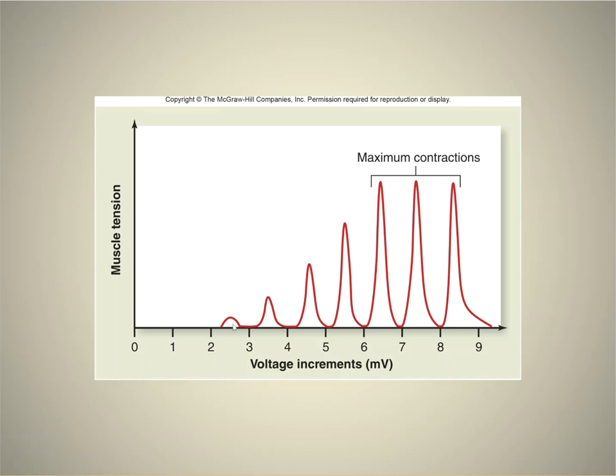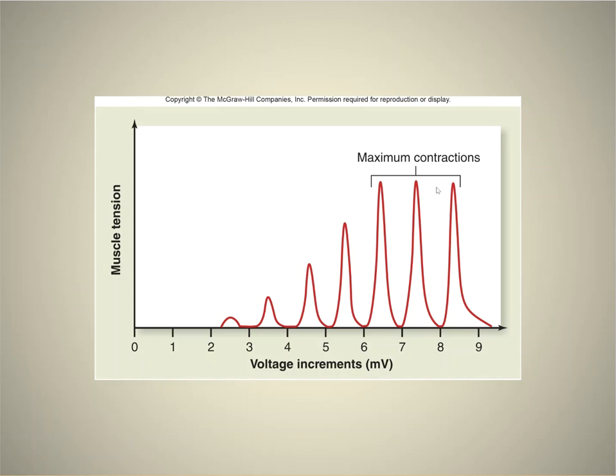Finally, here you've raised threshold enough in some of the muscle fibers to get a little bit of tension, and then you do more and more stimulus intensity. You get higher and higher contractions until you reach a maximum contraction. If you give about 6.5, you get a maximal.